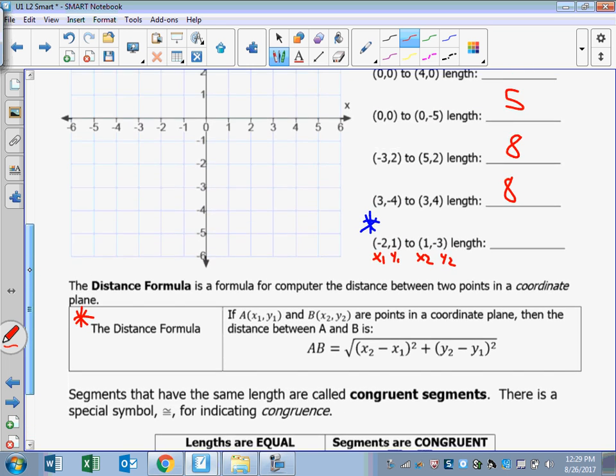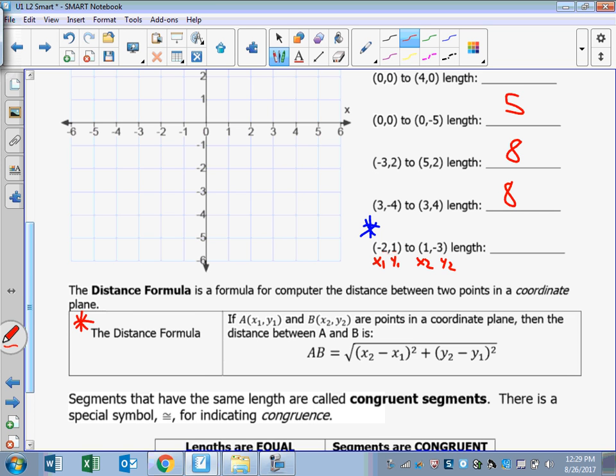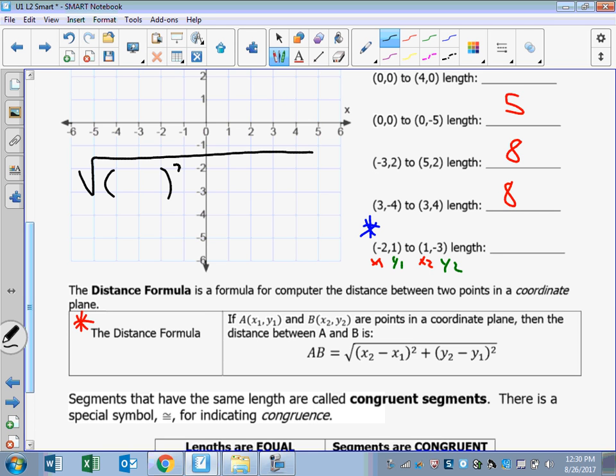Actually, why don't we just do this one here? Okay, so I'm going to write on the grid because I don't have space, but let's do these in different colors. So we got x1, x2, y1, y2. So we would have square root of squared plus squared. x2 minus x1, well, that would be 1 minus -2.